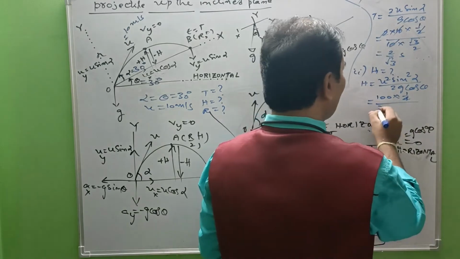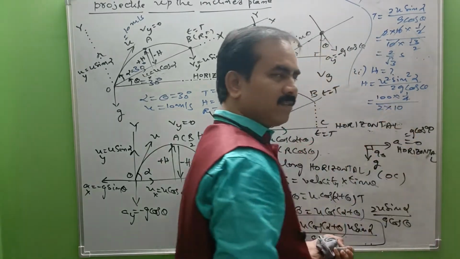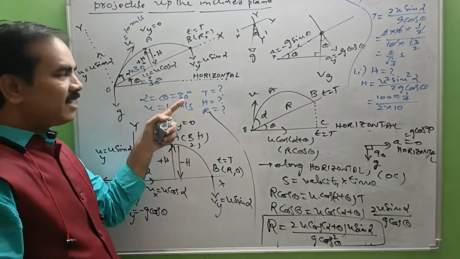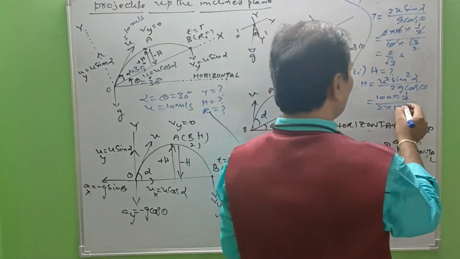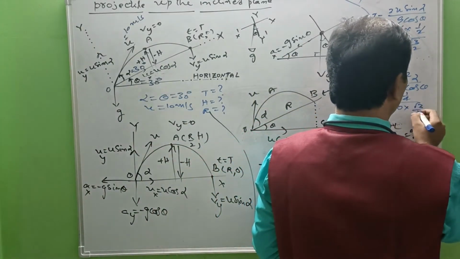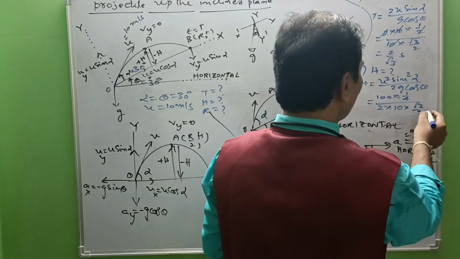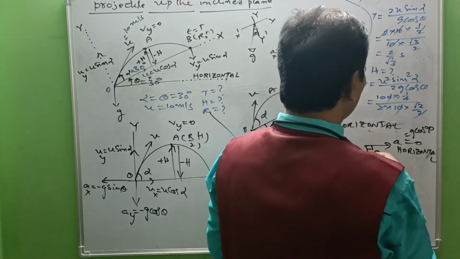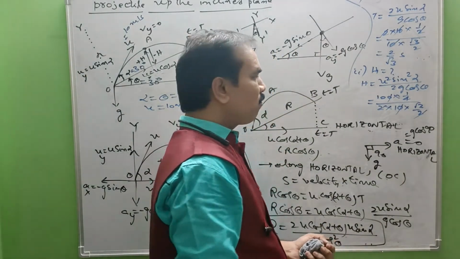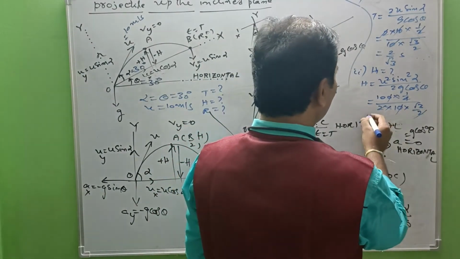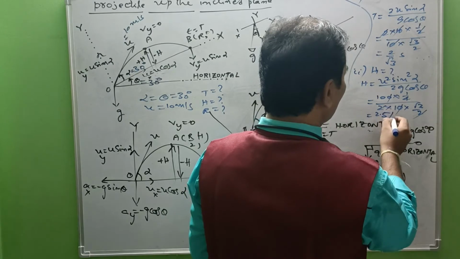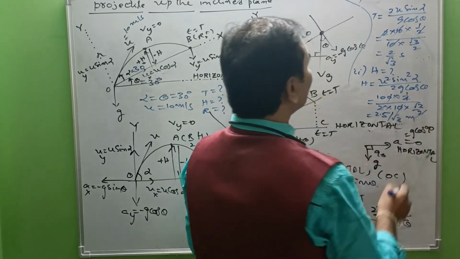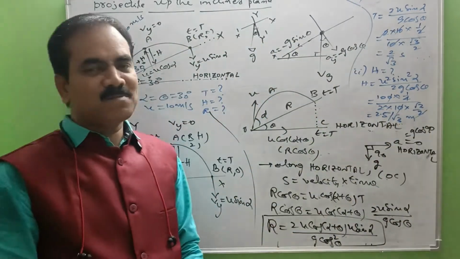Divided by 2 into g, that is 10, into cos theta, which is root 3 by 2. So 2 cancels, 0 cancels, 10 by 4, that is 2.5 by root 3 meters. So that's about time of flight and maximum height.